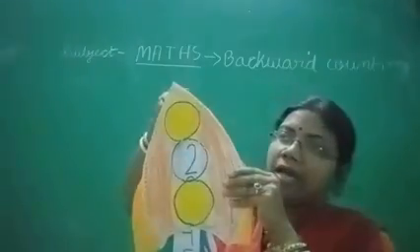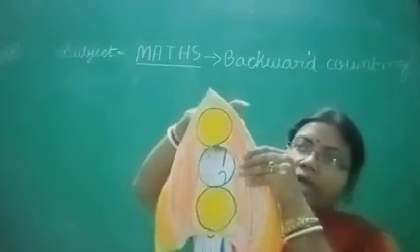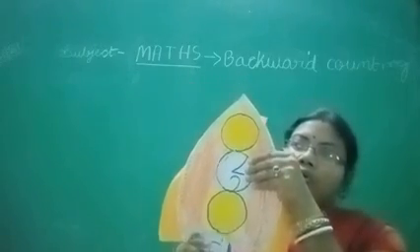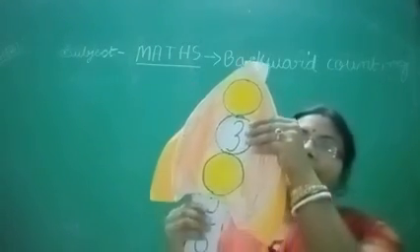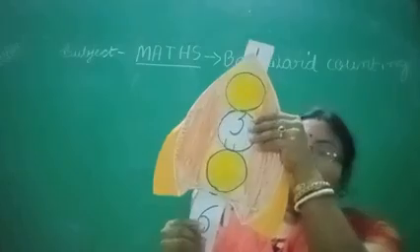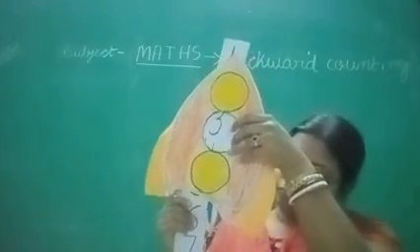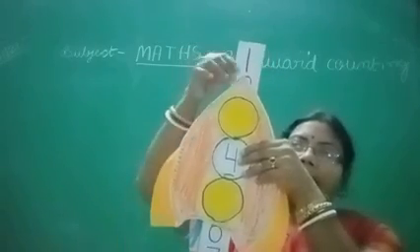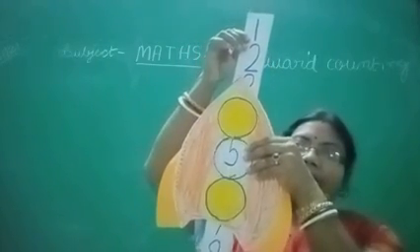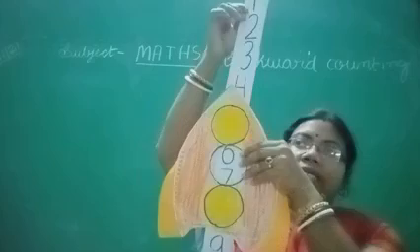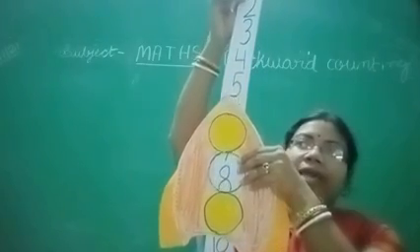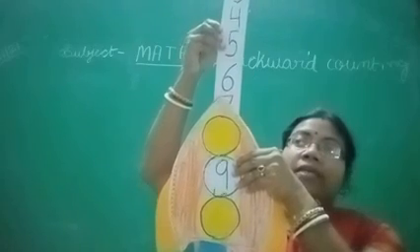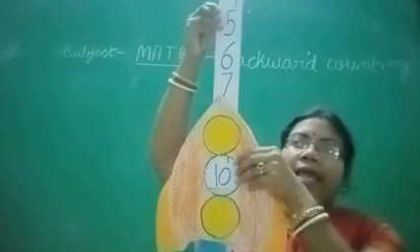See this one. Again you see, it is going up. This is 1 here. 1, 2, 3, 4, then 5, 6, 7, 8, then 9, 10.